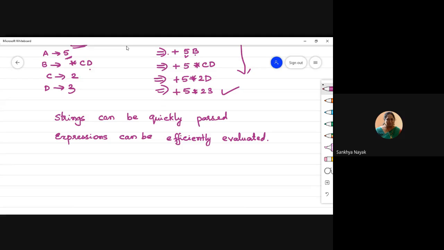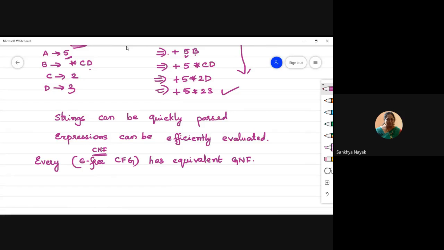One more thing you need to know is that every epsilon free CFG, for example whatever CNF format we have seen, has an equivalent GNF, which means you can write an equivalent GNF for it.